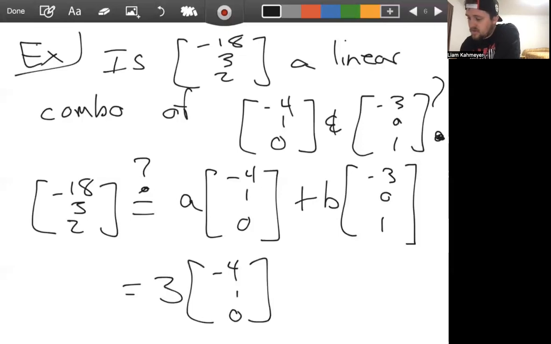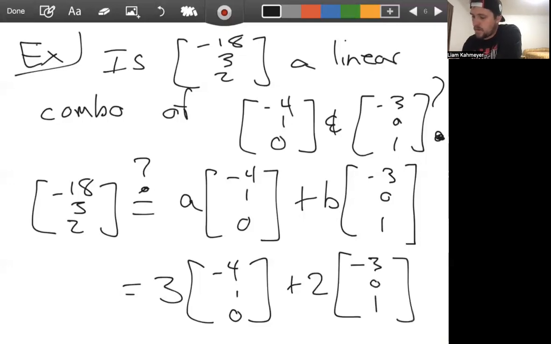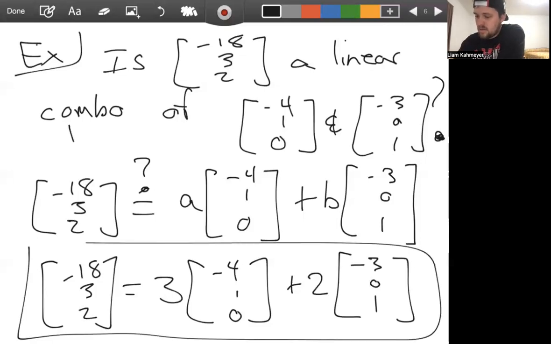And then for the second entry, you would have 3 plus 0. And then for the third entry, you would have 0 plus 2, right? So yes, the answer is yes, because these scalars A and B do exist.